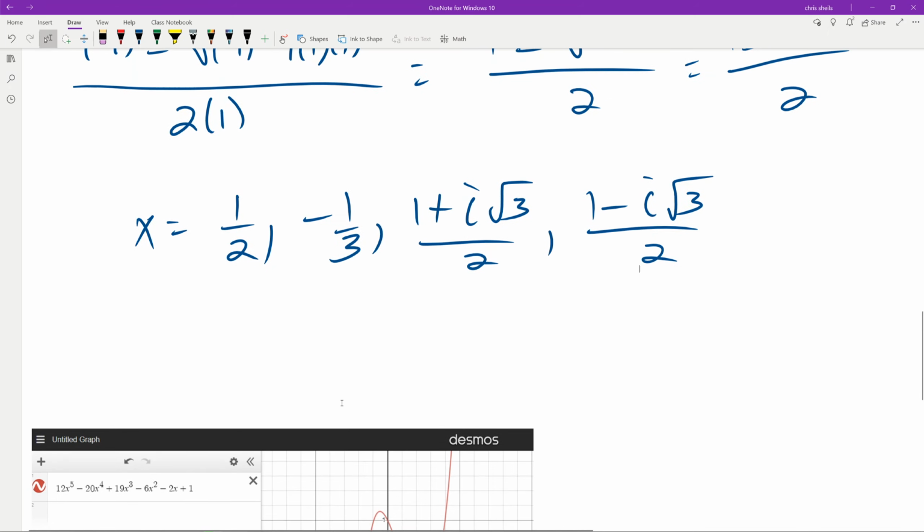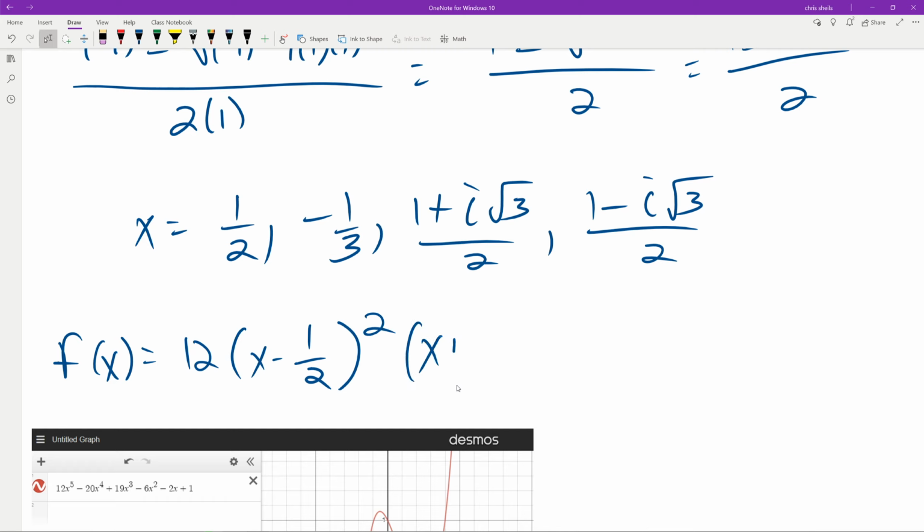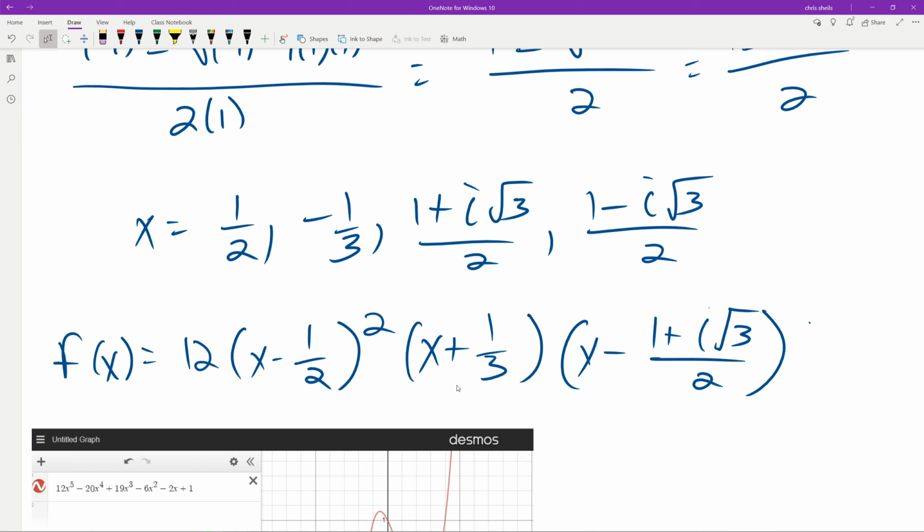So this function could be fully factored as f of x equals 12 times x minus 1/2 squared times x plus 1/3 times x minus (1 plus i root 3 over 2) times x minus (1 minus i root 3 over 2).